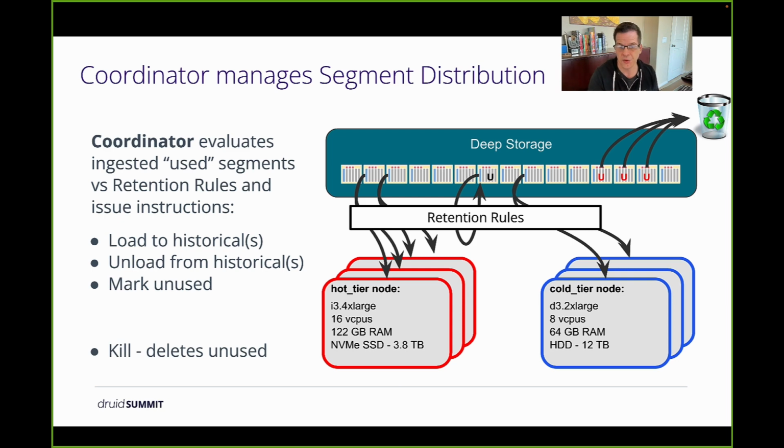It tells the historical nodes in different tiers to load copies of the segments, so to cache them for query purposes. It tells them to also unload them when they become unused or when they need to move from one tier to another. It marks them as unused when they're dropped from the cluster, and it also manages the cleanup, right? The kill operation, which deletes the unused segments from deep storage.